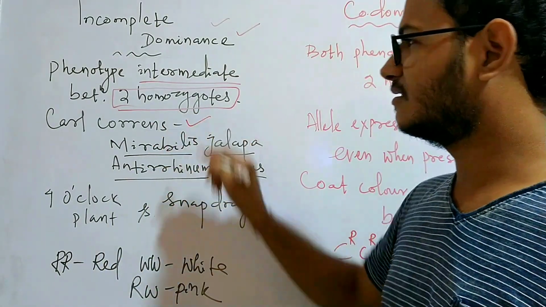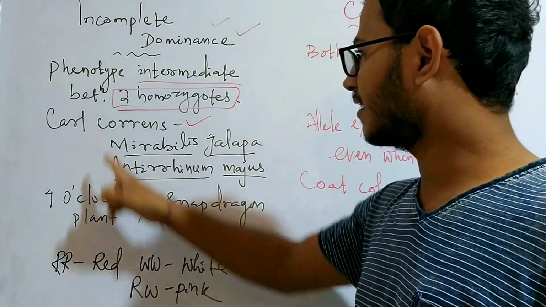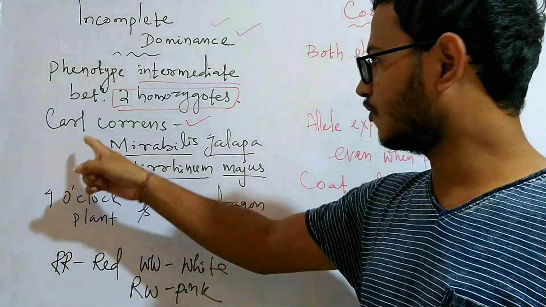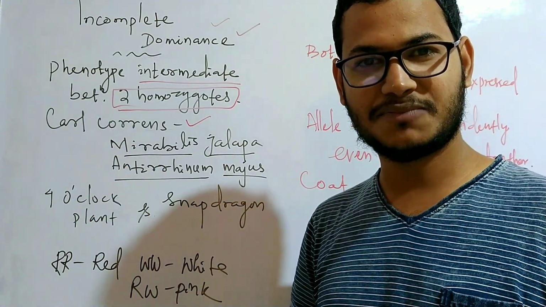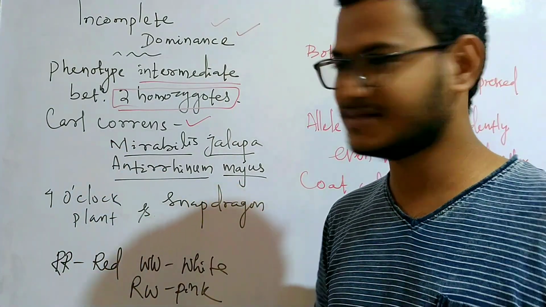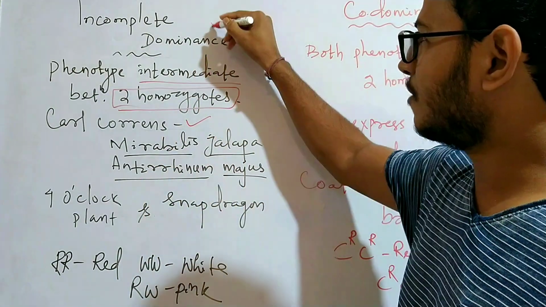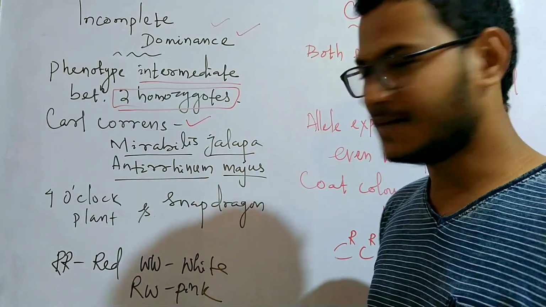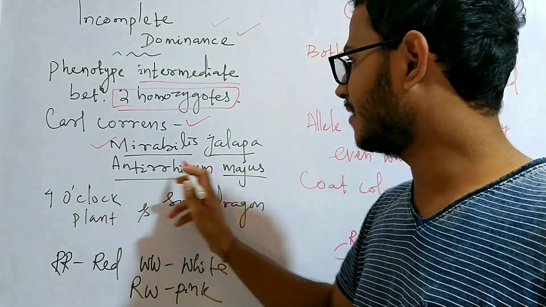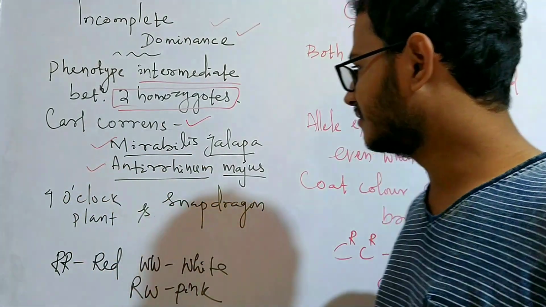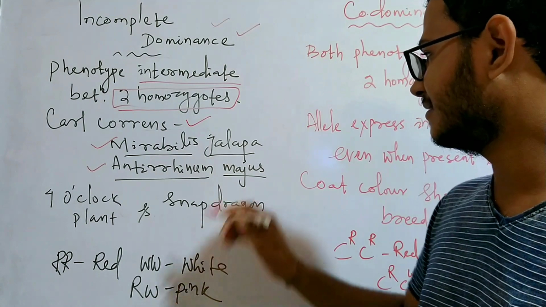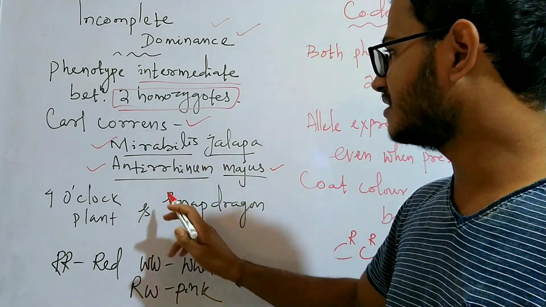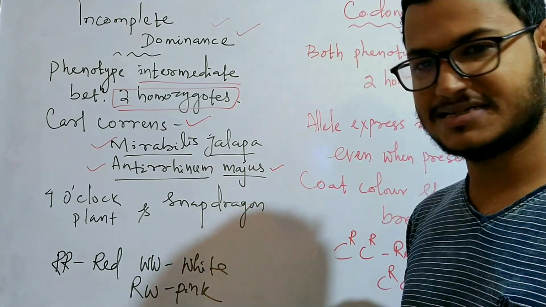It was first discovered by Karl Correns, who is also known for rediscovering Mendelian work. This incomplete dominance is found in two different plants, for example Mirabilis jalapa and Antirrhinum majus.